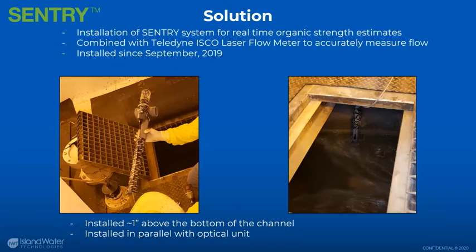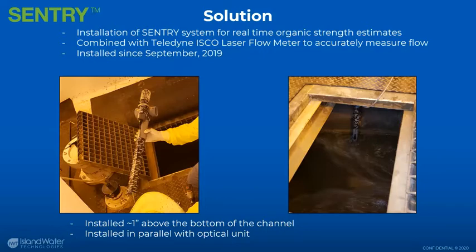So we have to mount this sensor close to the bottom of the channel. And you can see that we put a cage around the sensor just to try to help, because we do tend to have ragging issues at this site. And you can see in the installation that it's actually against the sidewall of the flume, or the wing wall of the flume, so that we can ensure that the rags go by.